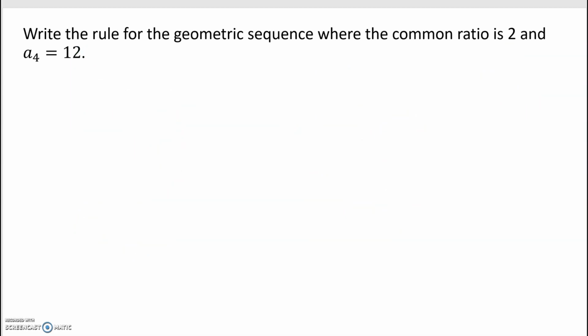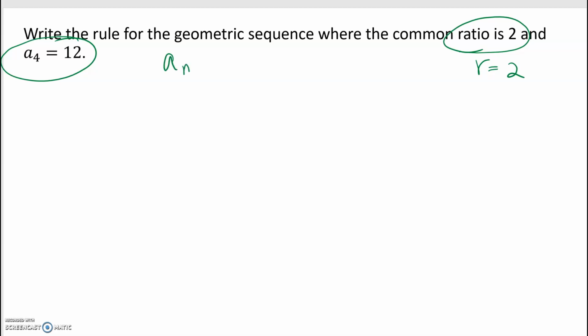For our next example, we're going to write the rule for the geometric sequence where the common ratio is 2, so r is 2, and our 4th term is 12. So I'm going to use that formula that we've been given to write the rule. I know that my ratio is 2, so I'm going to plug that in there.